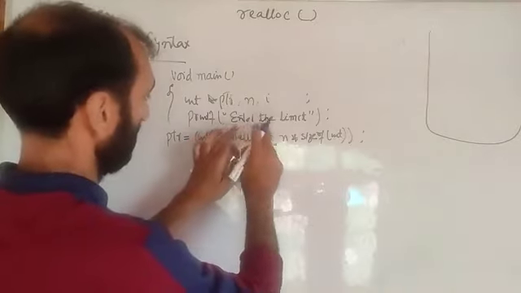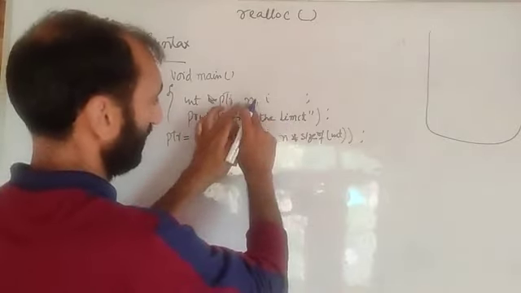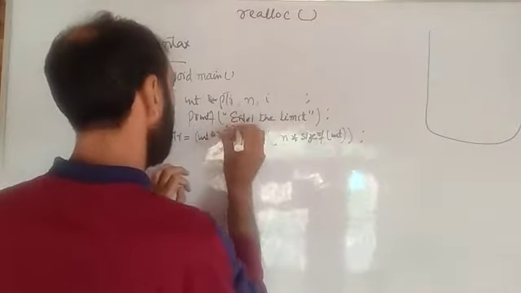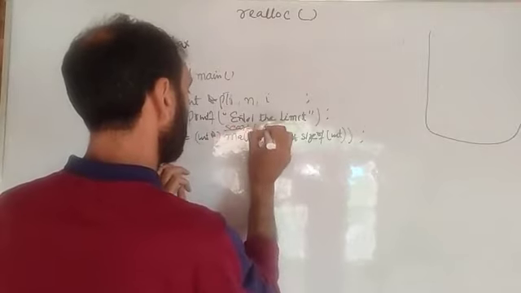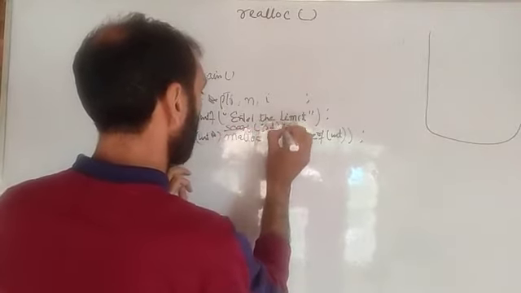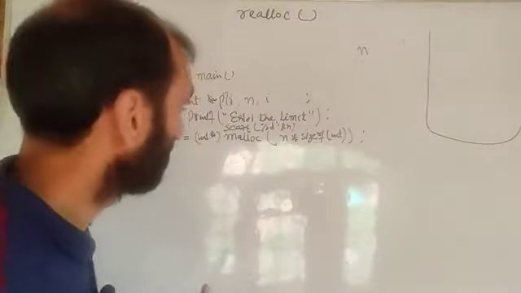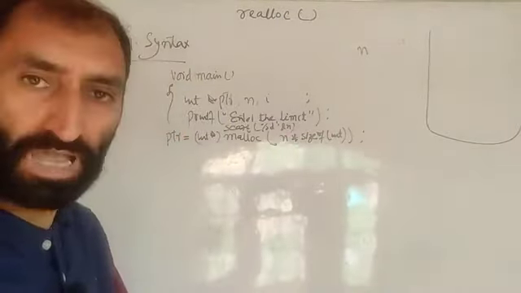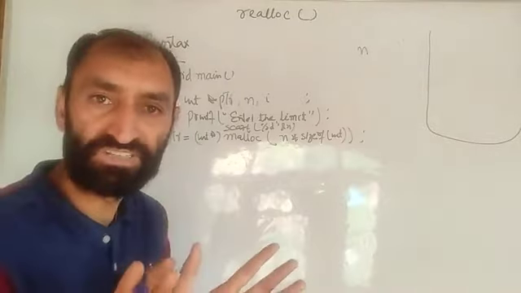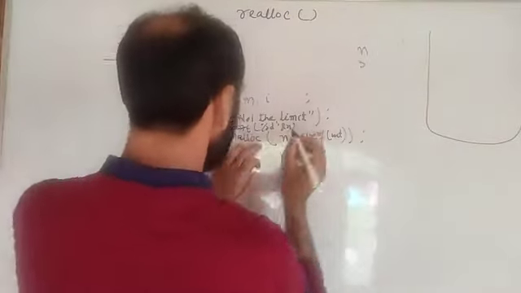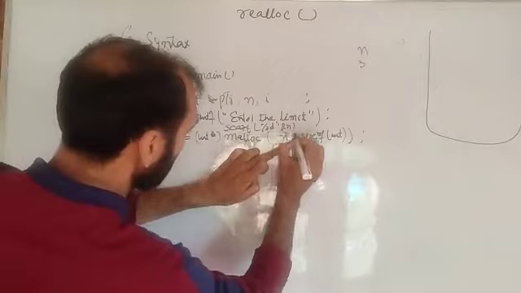For example, enter the limit n, scanf, here I am going to read it, %d, address of n. For example, I want memory for 3 integers, so here n is 3, and similarly 3 into sizeof(int).